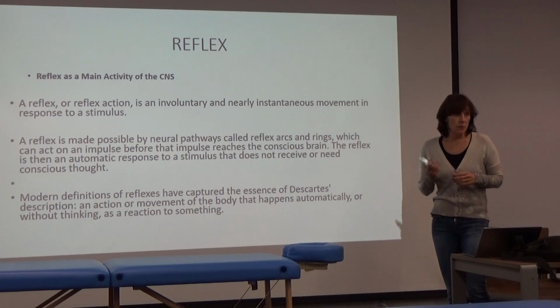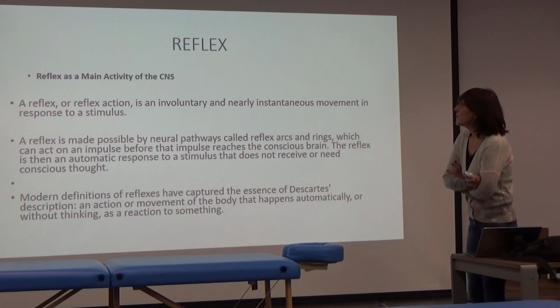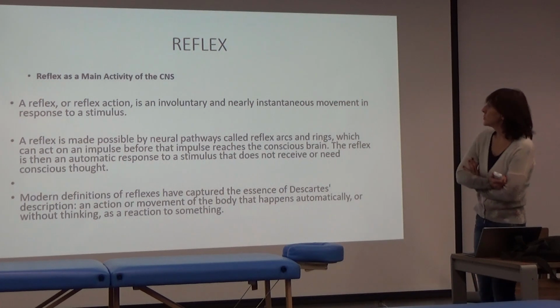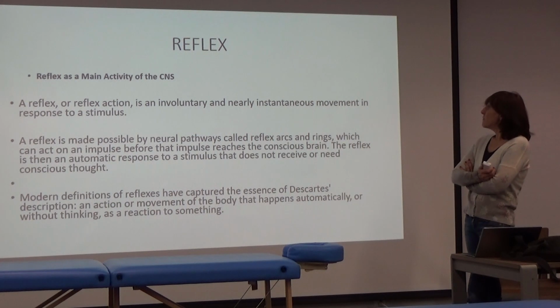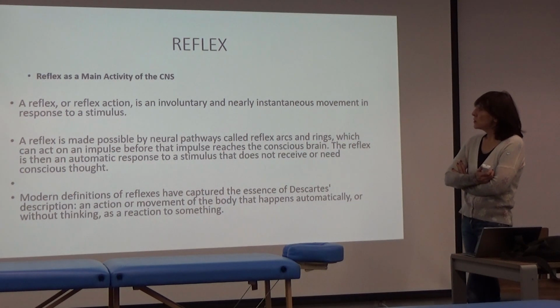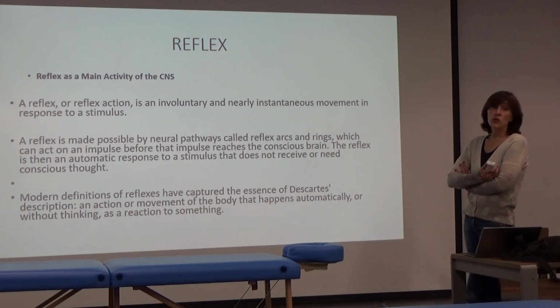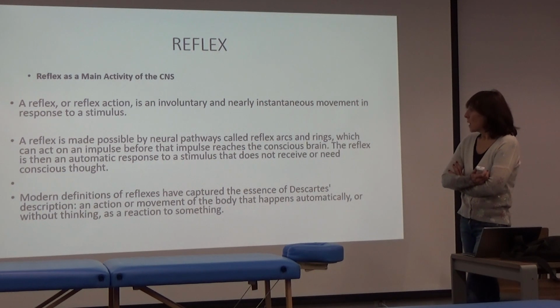So, as we discussed above, reflex is the main activity of the central nervous system. We can define reflex as an involuntary and instantaneous movement in response to any kind of stimulus.